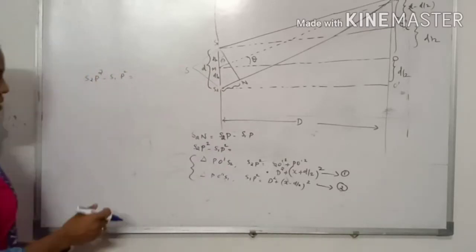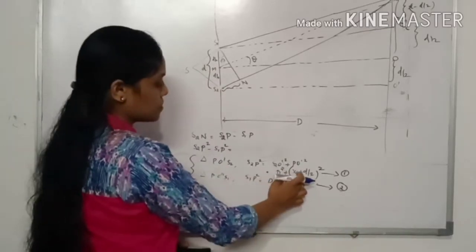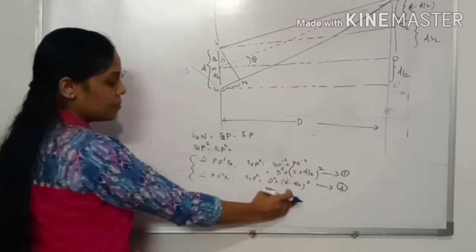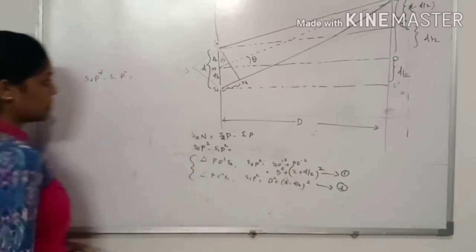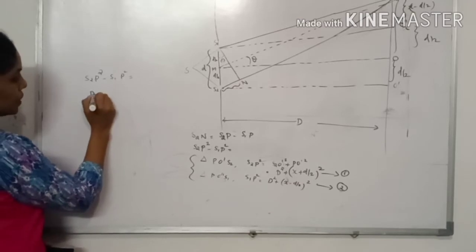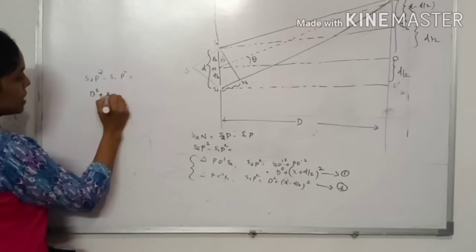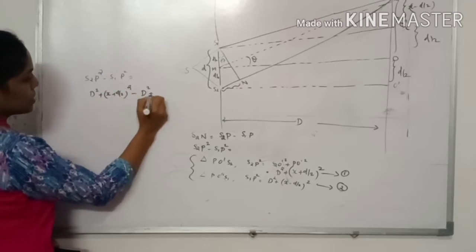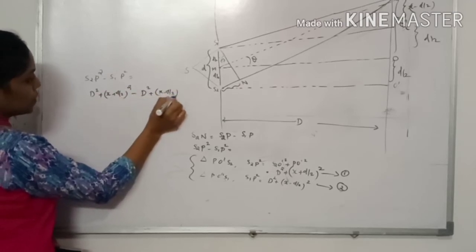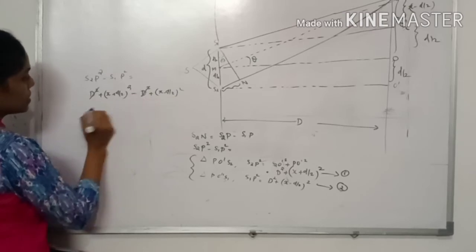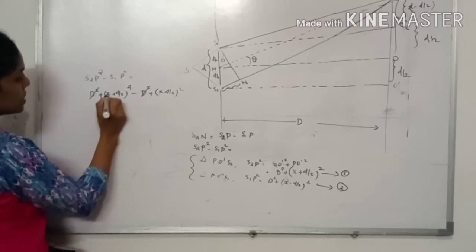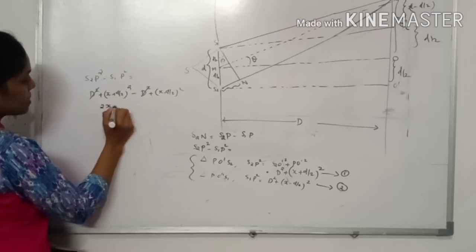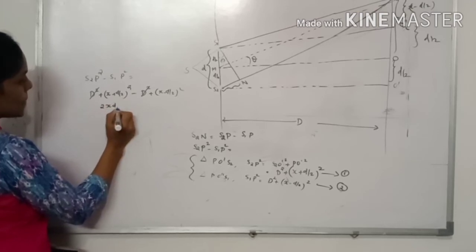So S2P square is D square plus x plus d by 2 square, and S1P square is D square plus x minus d by 2 square. So D square plus x plus d by 2 square minus D square plus x minus d by 2 square, you will get 2xd.